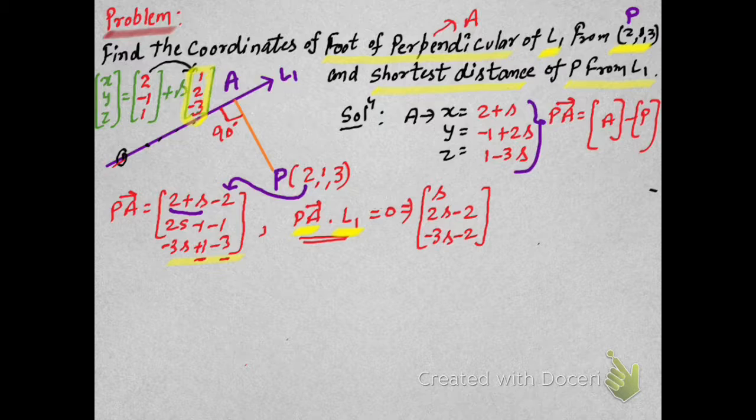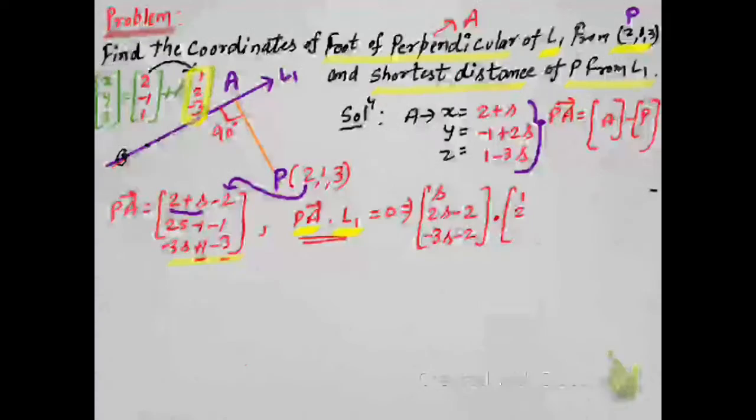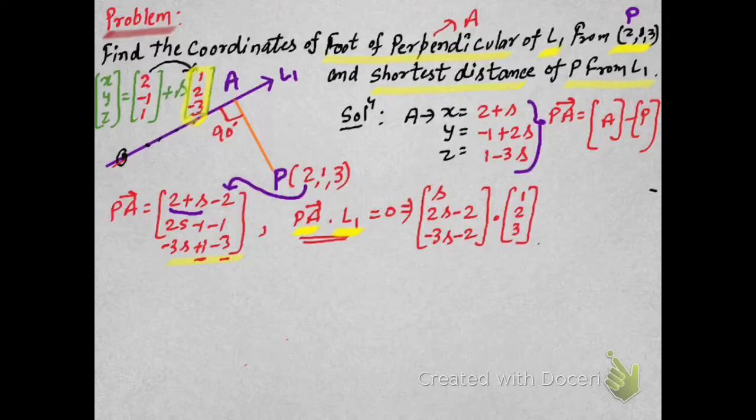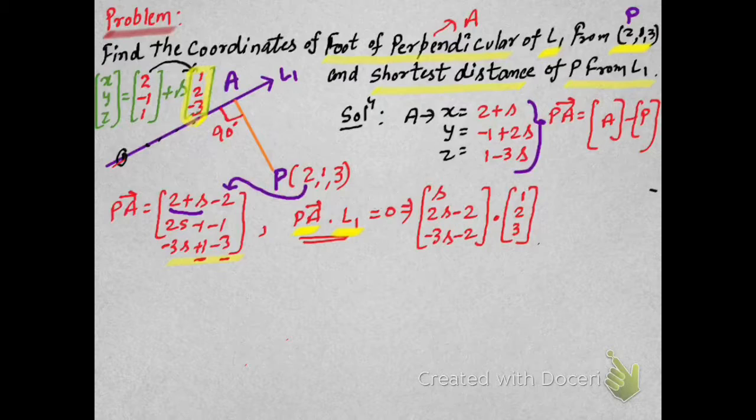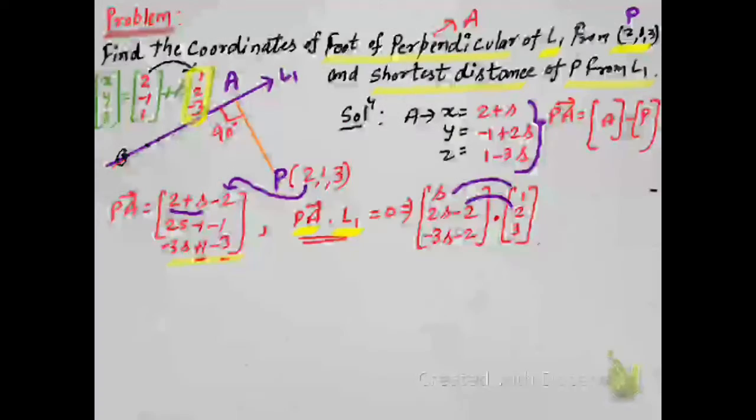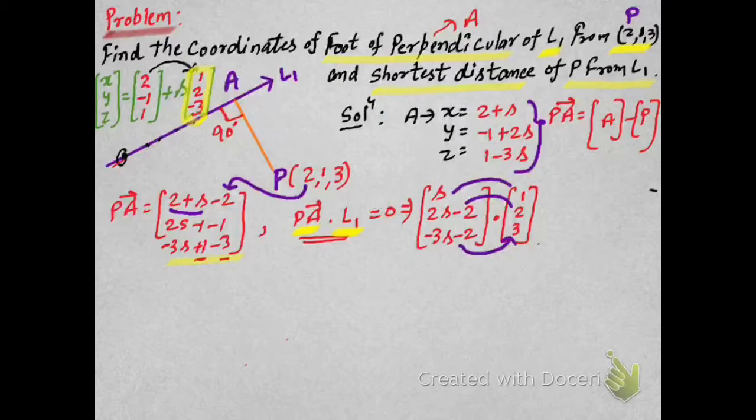Okay, dot with L1, the parallel vector highlighted in yellow, so you can see 1, 2 and minus 3. Guys, don't worry about this calculation, because you may get a complex calculation, but just apply it. You just do the multiplication: x component with x, y component with y, and z component with z.